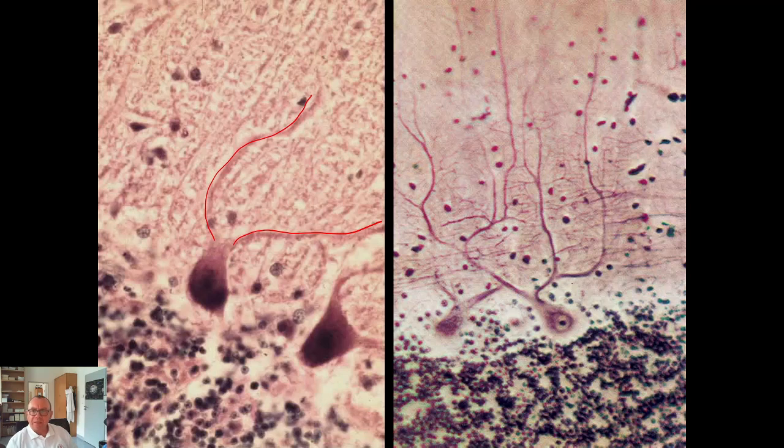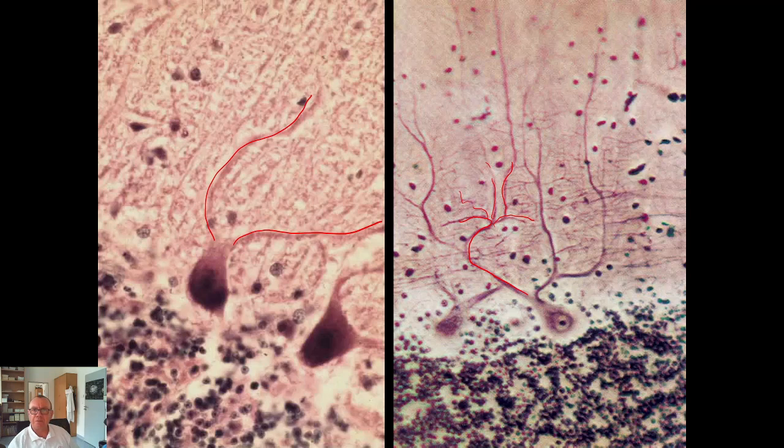And if you use impregnation, you can trace their branching to much thinner branches. The advantage of these dendrites is that they branch in one plane usually. So if you have a perfect section, you can see the whole system of dendritic processes.